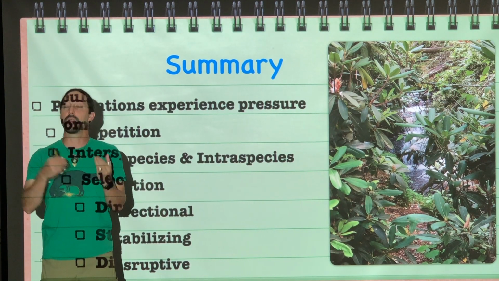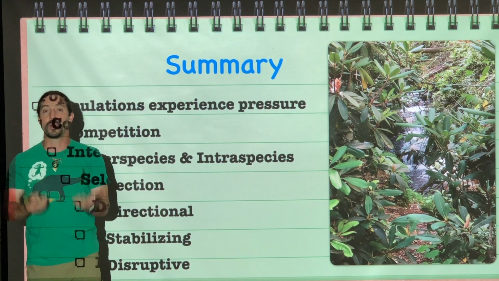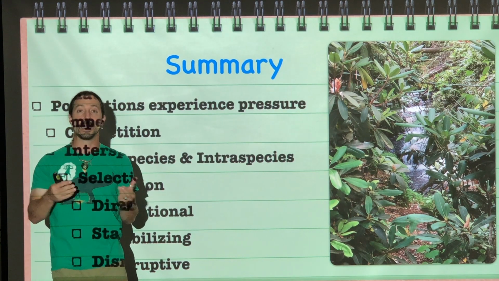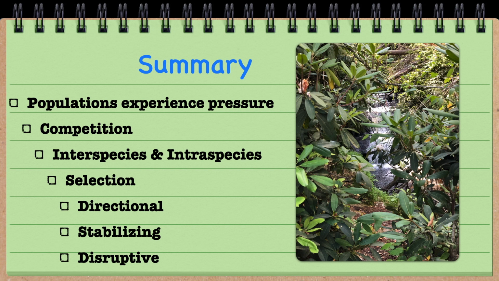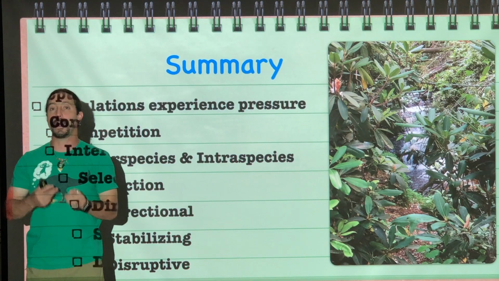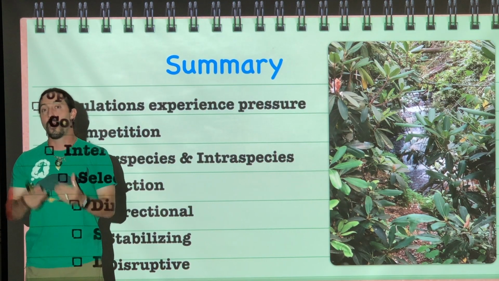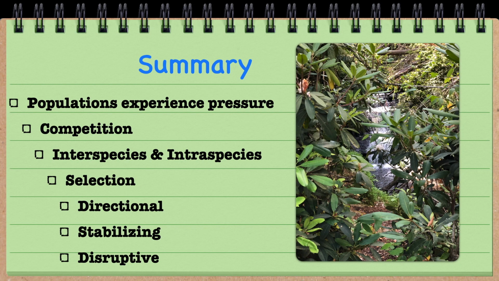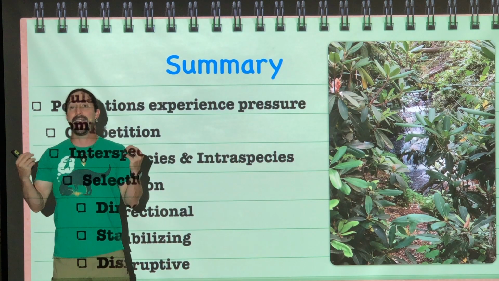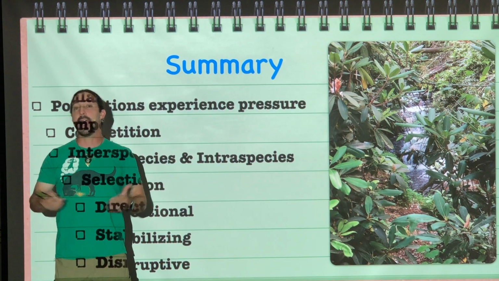Those organisms that are unable to do that are going to be unable to pass on their alleles, and those alleles will then disappear. And this type of competition is going to cause different types of selection to occur. Either directional selection, which will favor one extreme, or stabilizing selection, which will favor the average, or disruptive selection, which will favor two extremes and actually disfavor the average.